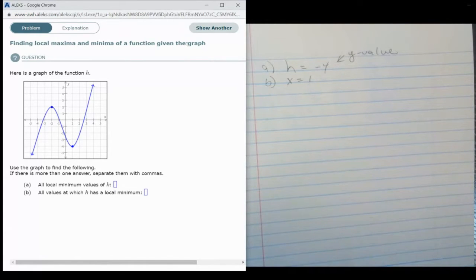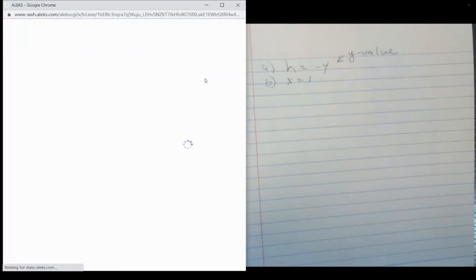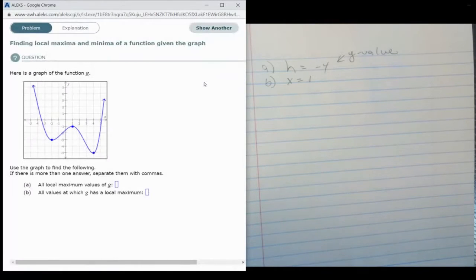Let's try another one. This one we're finding a max. We'll do both, but the first part, it's asking for the max. The high point in the graph is here. These keep going, so we wouldn't use the endpoints, but this is a local max.